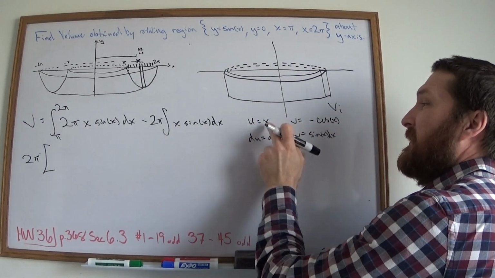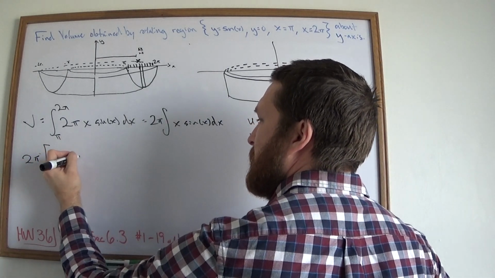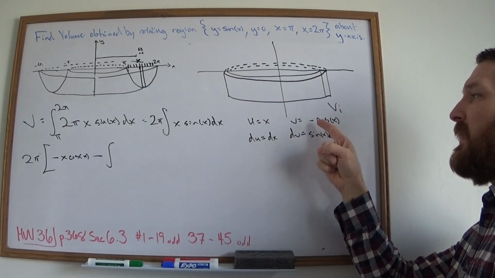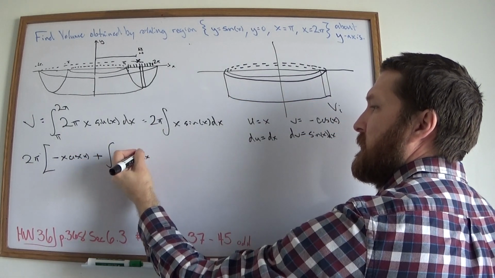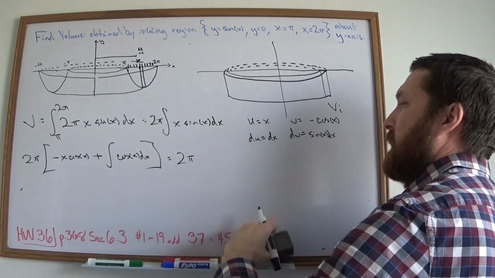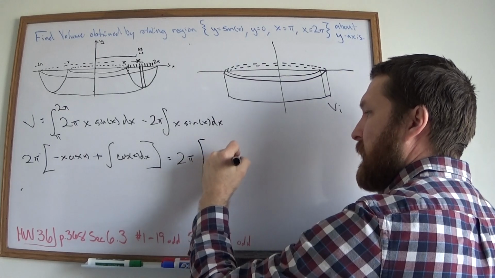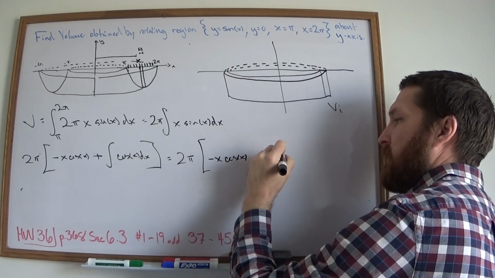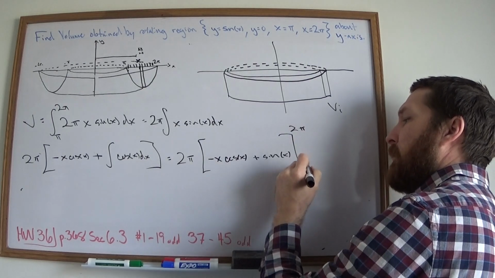So negative x cosine x minus the integral of v du; that negative comes out and makes this a positive, and we get cosine x dx, all from pi to 2 pi. The antiderivative of cosine is positive sine. Now I evaluate those up at 2 pi and down at pi.